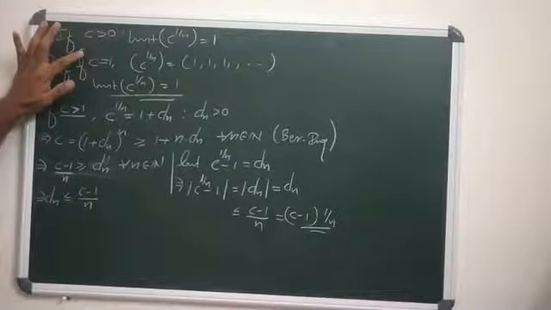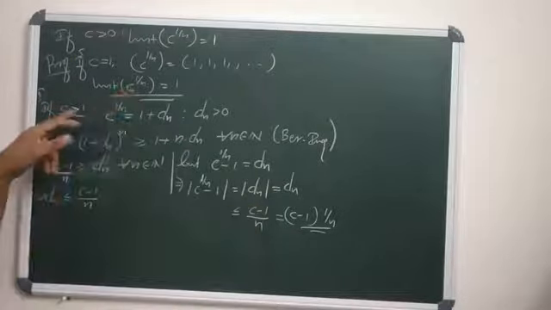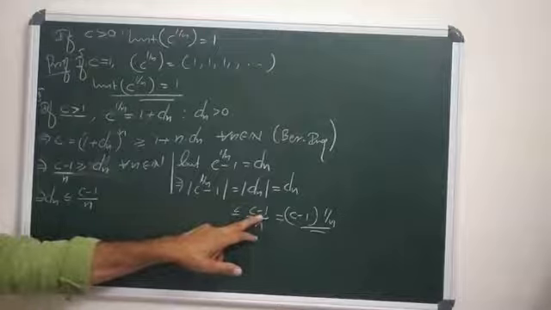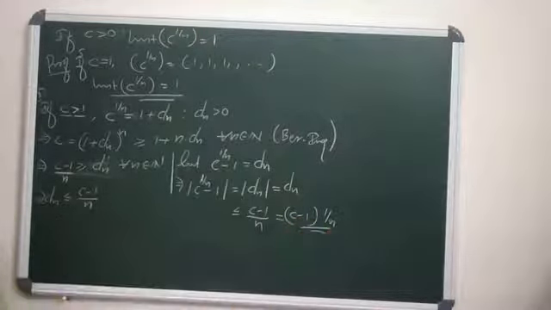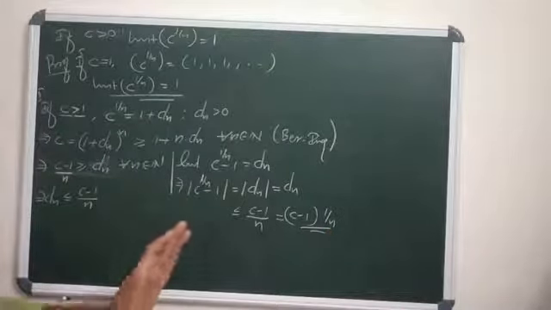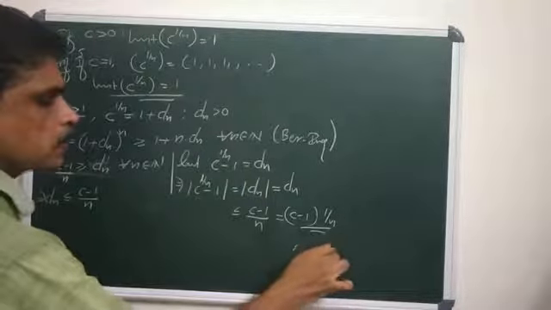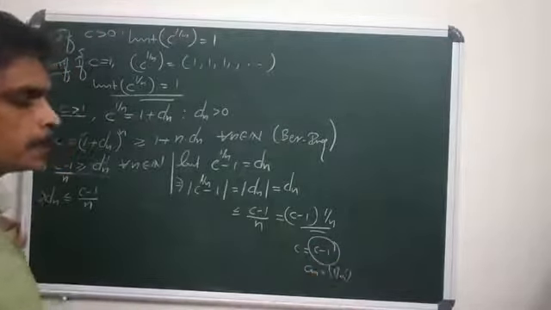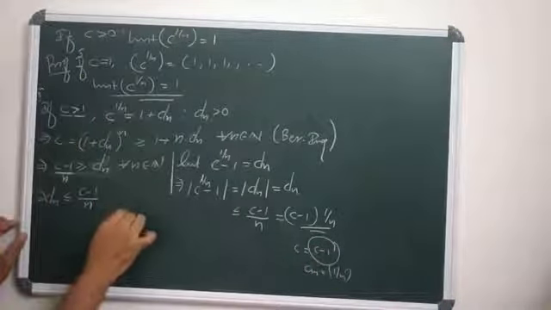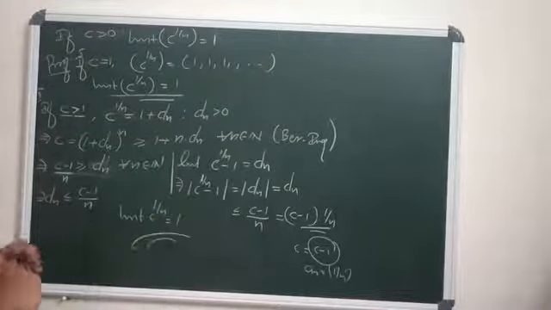When c greater than 1, c minus 1 is always a positive quantity. So c minus 1 is positive, and the sequence 1 by n is a sequence of positive reals which converges to 0. You can put c equals c minus 1 and an equals the sequence 1 by n. Then by our previous theorem, we have limit c power 1 by n equals 1.